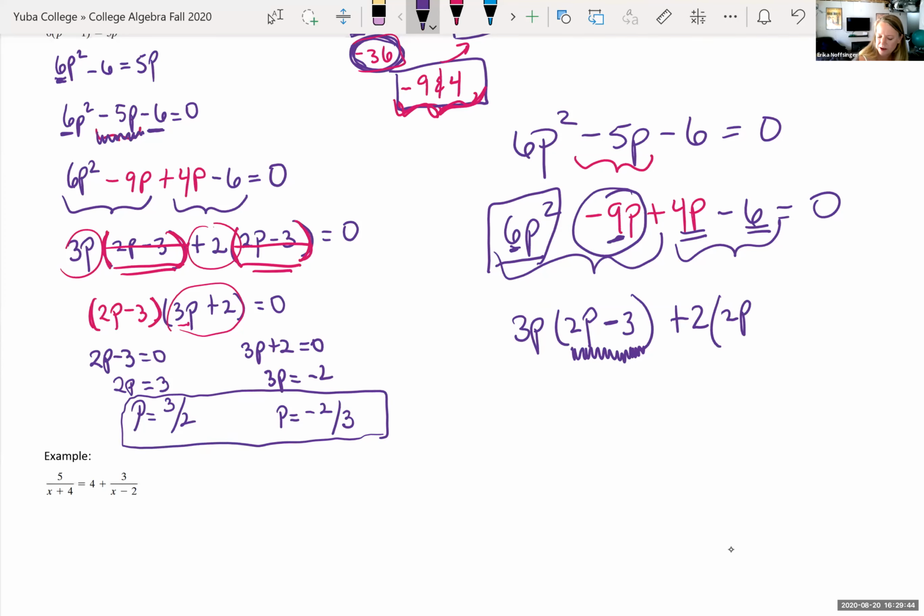And if I pull out a positive 2 from negative 6, I get negative 3. Again, what we wanted was that factor inside the parentheses to be the same. So think of it as pulling out 2p minus 3.